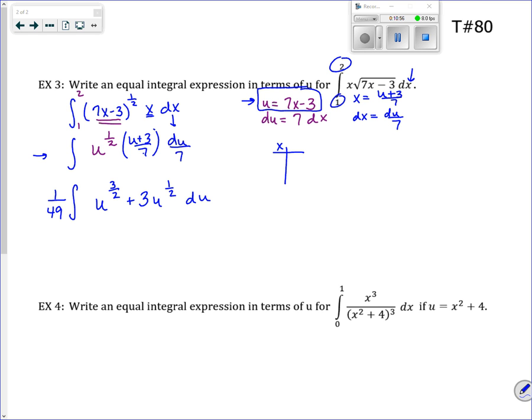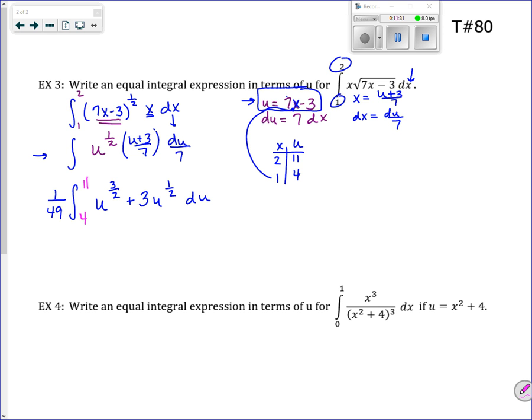I like to do them on top and bottom like they are in the integral, so 2 and 1. If I plug in 2 for x right here, do you see that that would be 14? 7 times 2 is 14 minus 3, so u would be 11. And if I plugged in 1 for x, that would be 7 times 1 minus 3, and that would be 4. That means my bounds are not 1 to 2, they are 4 and 11.